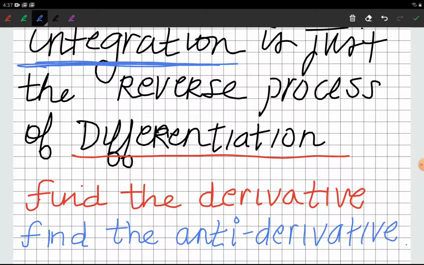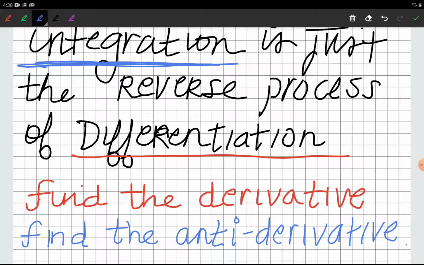Alrighty, very important. There is an opposite process for everything. Like every concept in math, there's a reverse process to it. Addition, subtraction, multiplication, division, squaring a number like x to the second power, and then that opposite would be the square root, or taking the cube of a number, x to the third power, cube root, right?